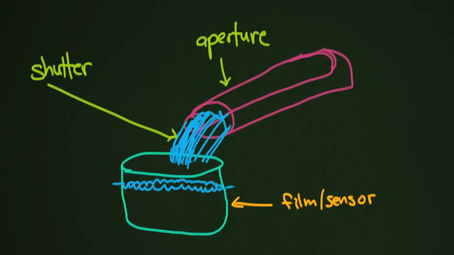All of these things are adjustable. You can run the water longer, you can make the pipe bigger or smaller, and you can change the size of the bucket. Either way, you've come up with a piece of math that again is a triangle. You have these three variables: your aperture, your shutter speed, and your ISO.